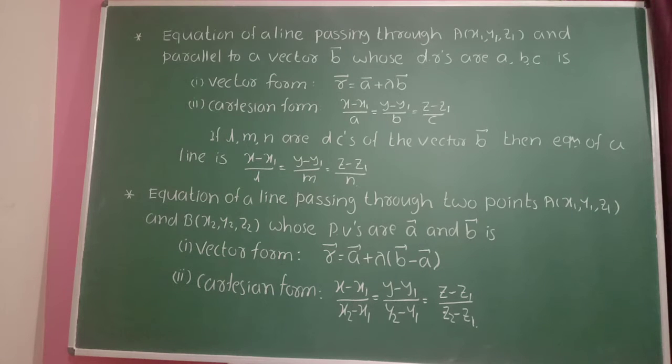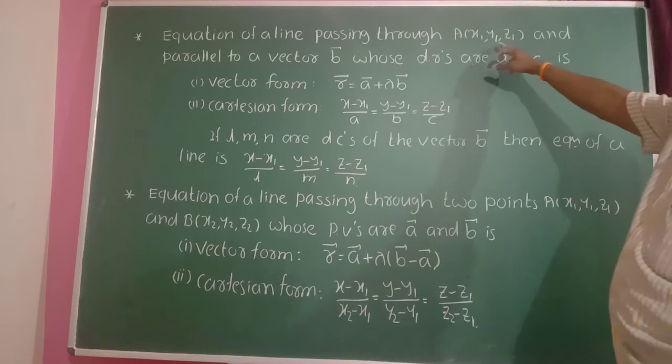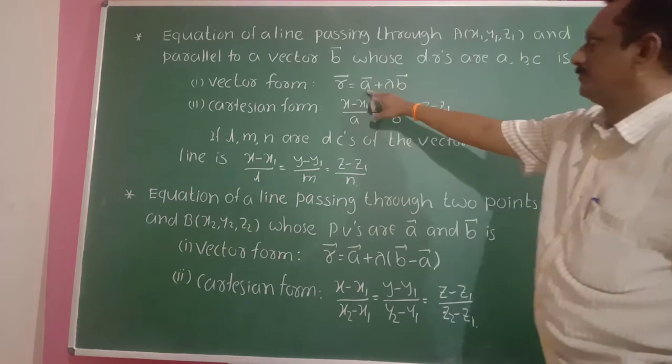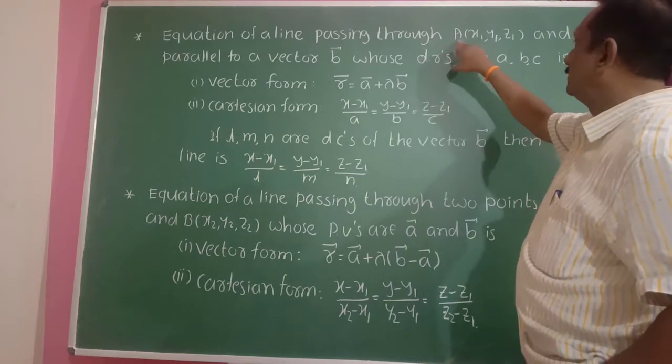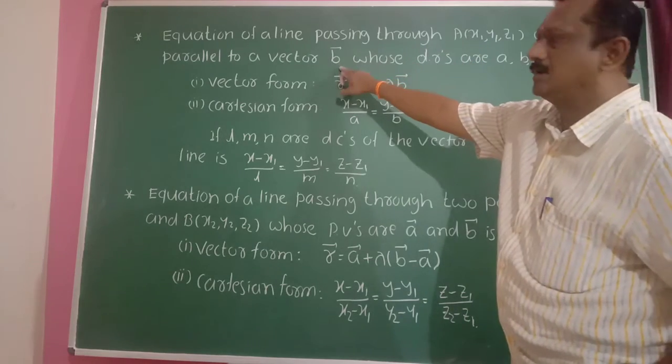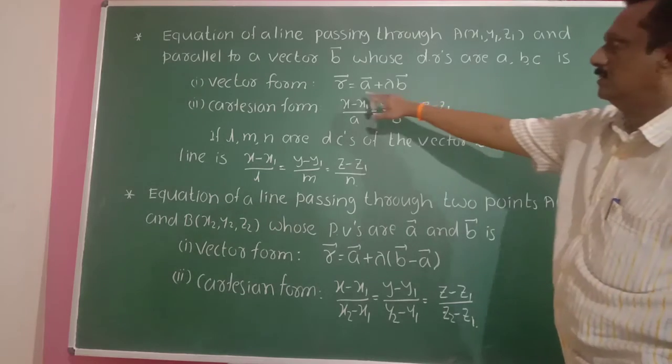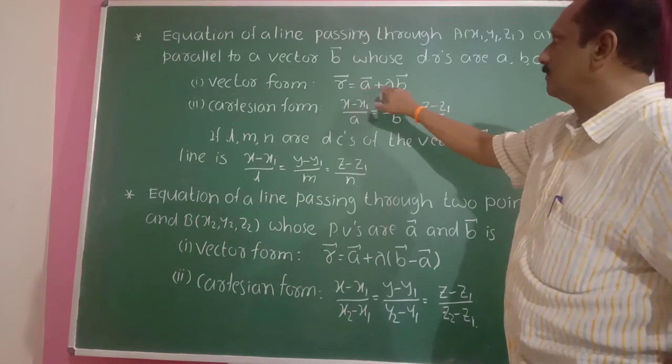So therefore these are the formulas. We already proved the equation of the line passing through a point (x1, y1, z1) whose position vector is a bar, and b bar is the given vector whose direction ratios are a, b, c. The vector form is r bar = a bar + λ b bar.